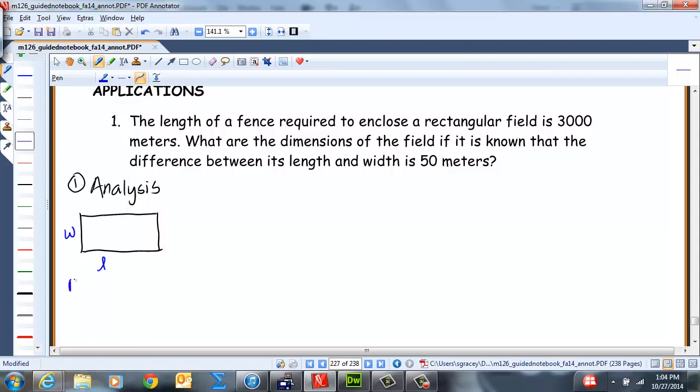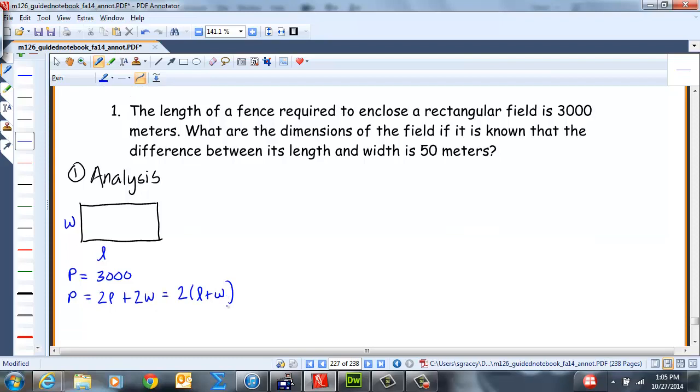And we know that the perimeter is 3,000 and the perimeter is 2L plus 2W, which is 2 times L plus W.